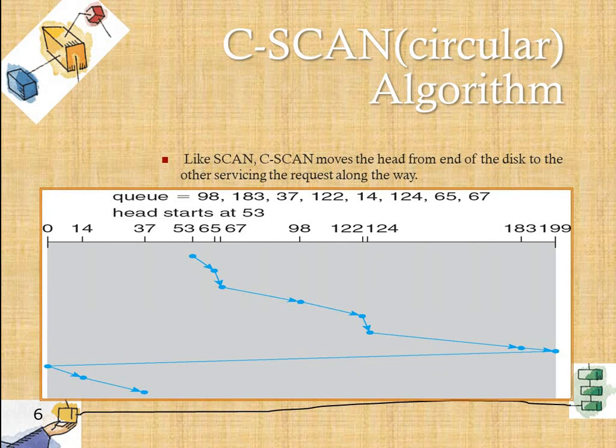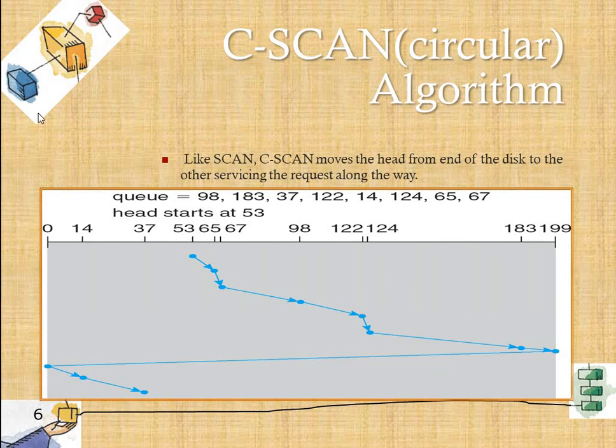It starts from the head in one direction, maybe to the right or to the left, but unlike the way scan works, in C-scan, when the last track has been visited in one direction, the arm is returned to the opposite end of the disk, and again the scan begins.